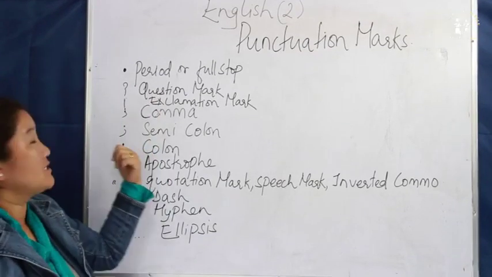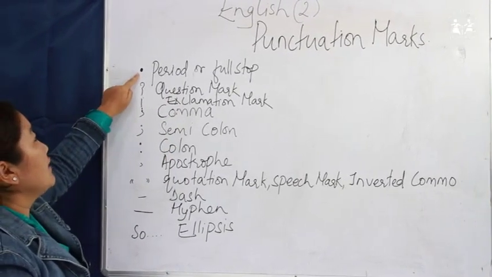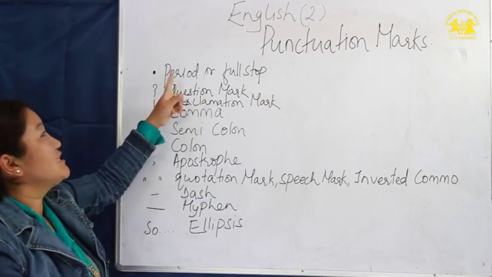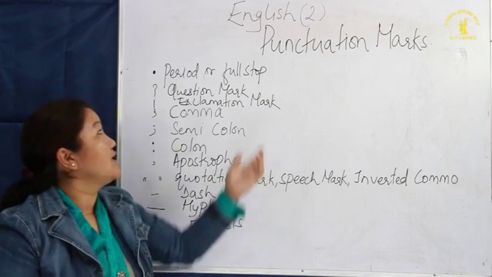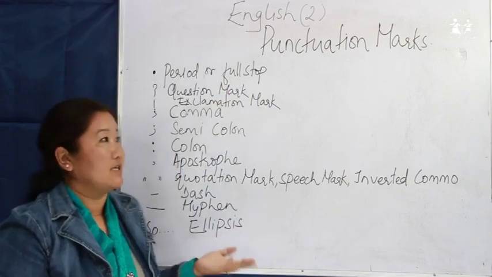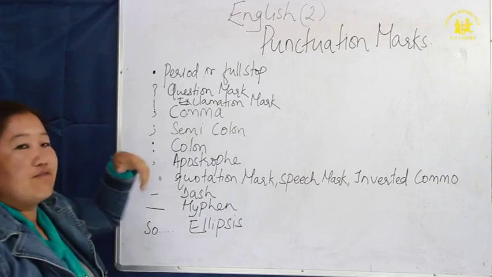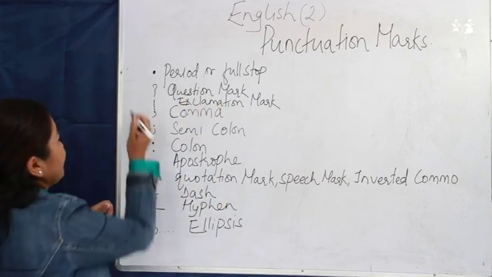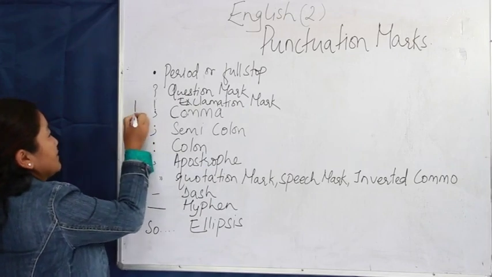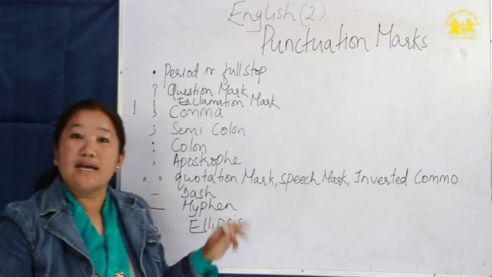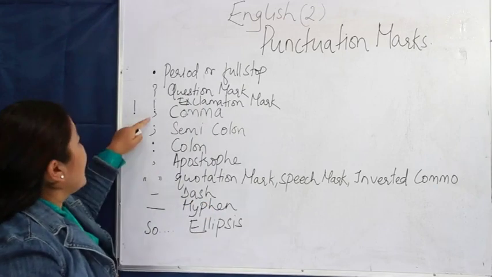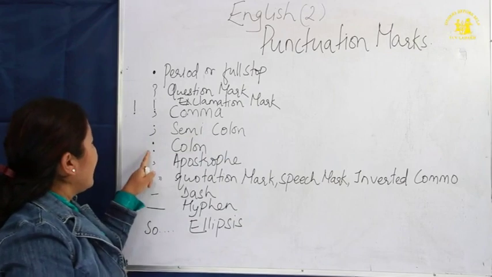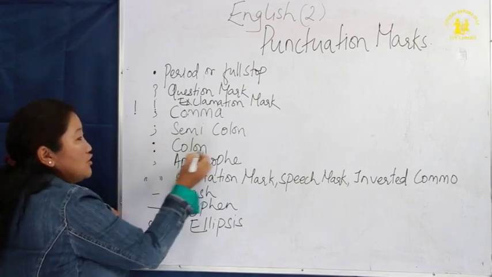Okay, so over here, these are the symbols of the punctuation marks, and this is what you call them. The dot over here is also known as a period or a full stop. Period is used in American English and full stop is used in British English. And this is a question mark, very simple. Then you have the exclamation mark, and then the comma, which everybody knows, the semicolon, and here the two dots, the colon.